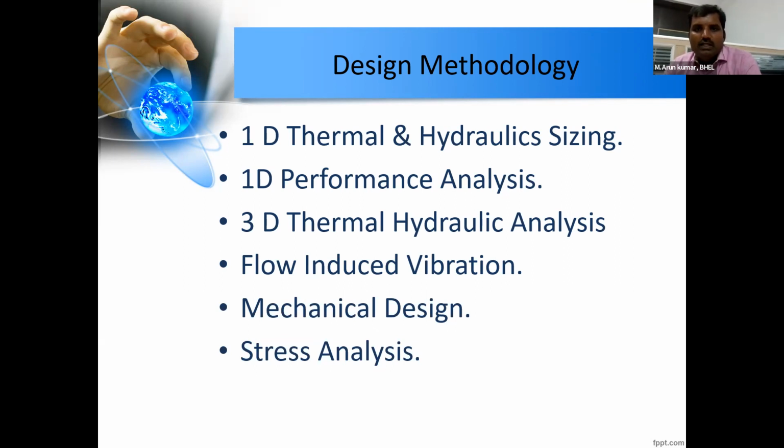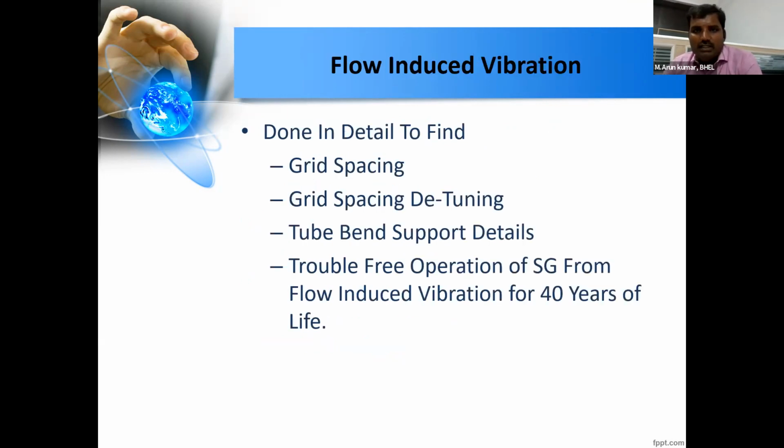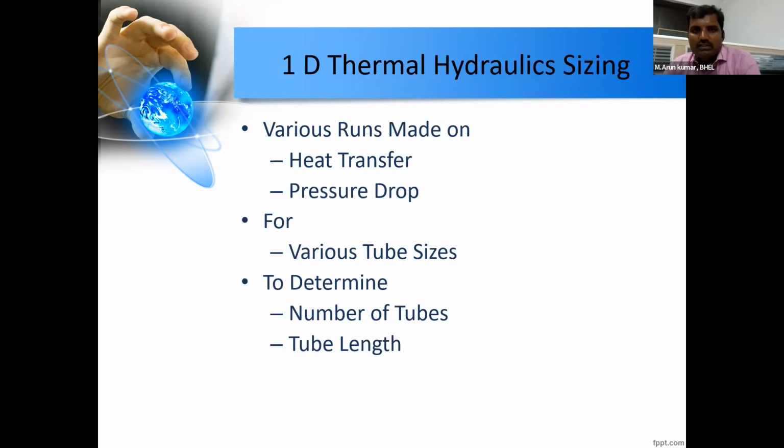First, we are doing 1D thermohydraulic sizing. This is done to optimize the design, to find the tube length and various sizes, heat transfer and pressure drop. In the initial stage, this was done through an in-built code when BHEL was developing this steam generator for 235 megawatt and 500 megawatt.